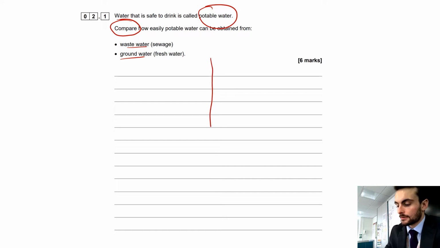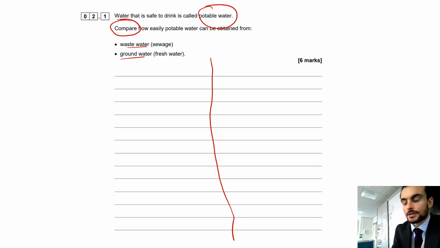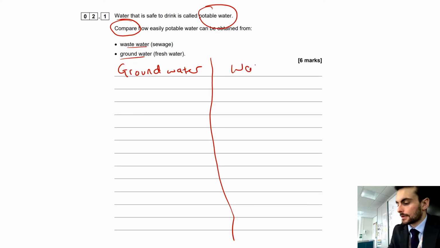So you split it straight down the middle with a straight line like that. And you do one side, whichever side you want to choose. I'm going to do groundwater on this side. And then you do wastewater on the other side. Okay, so we just do a T-table like that.